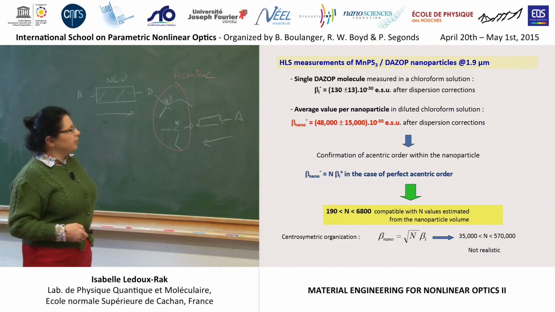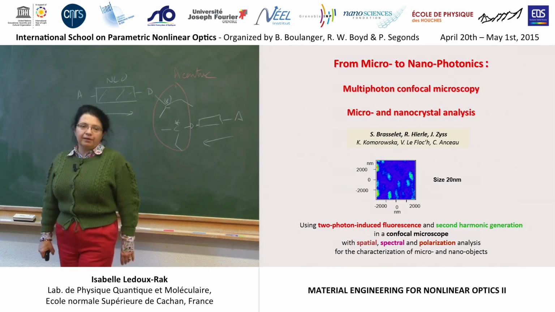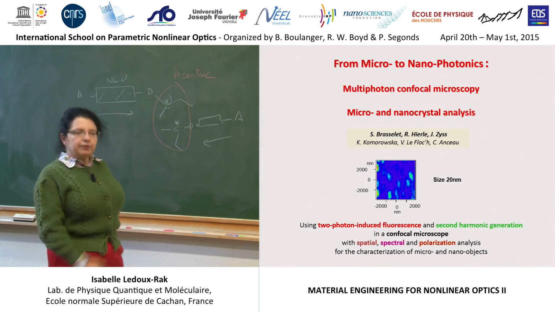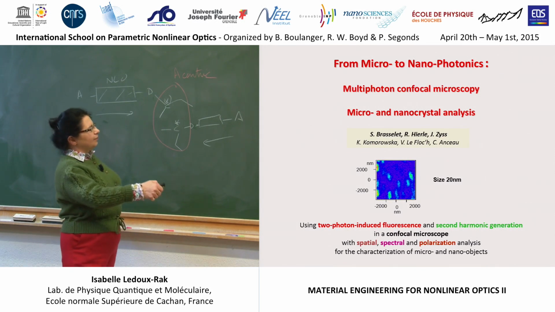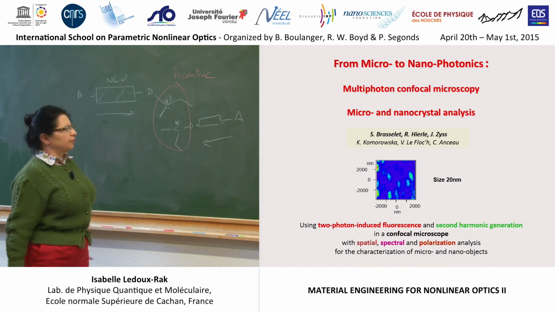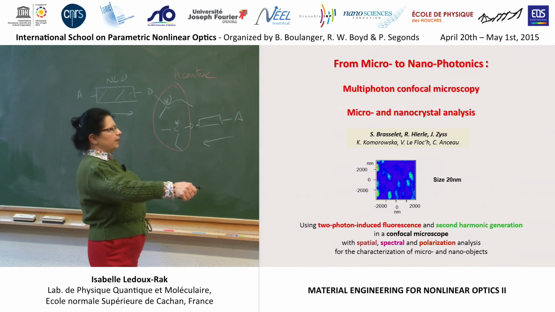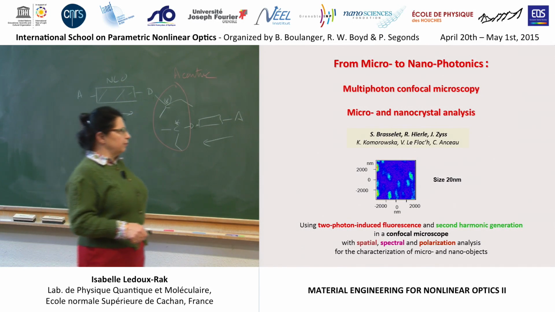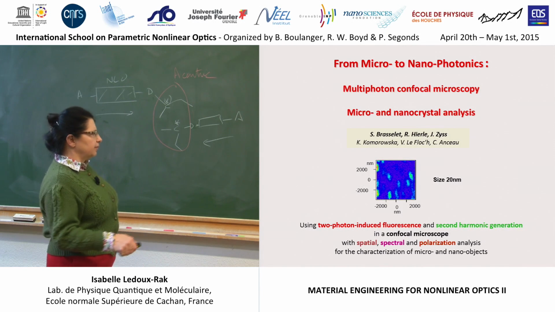And we wanted to make sure of this result by checking, by a completely independent method, second harmonic generation from a single crystalline object. This is now a widely used technique using multiphoton microscopy to make micro and nanocrystal analysis. So the general method is to use two-photon-induced fluorescence, but mainly second harmonic generation.